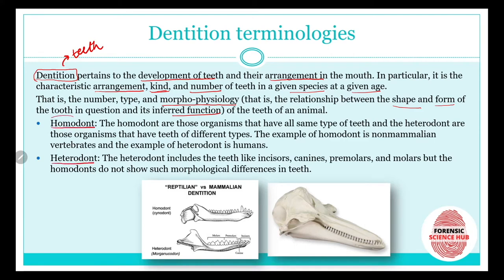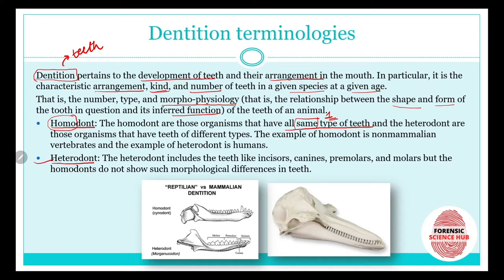In homodont, there is a word called homo. Homo means single. So homodonts are those organisms that have all the same type of teeth. Only one type of tooth is present in homodonts, and heterodonts are those organisms that have different teeth.